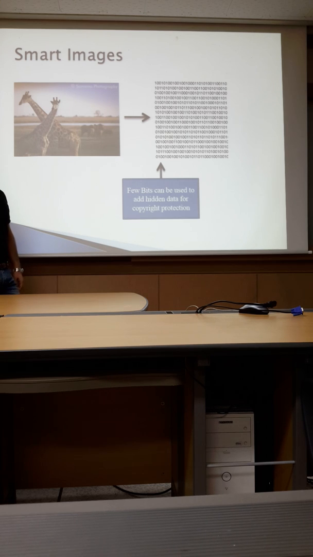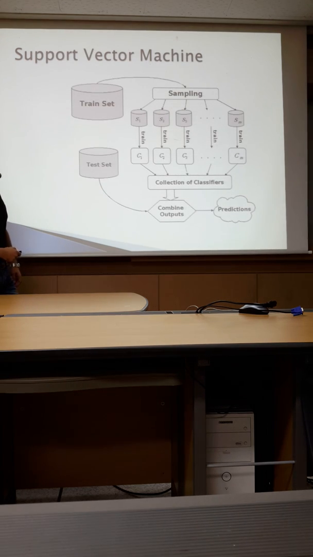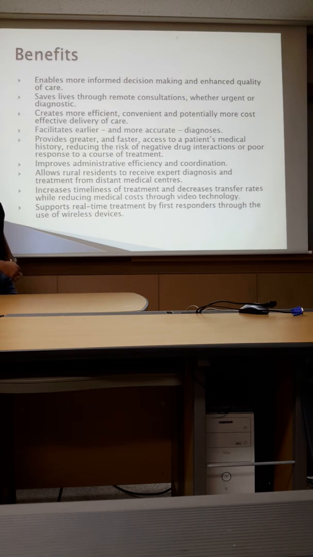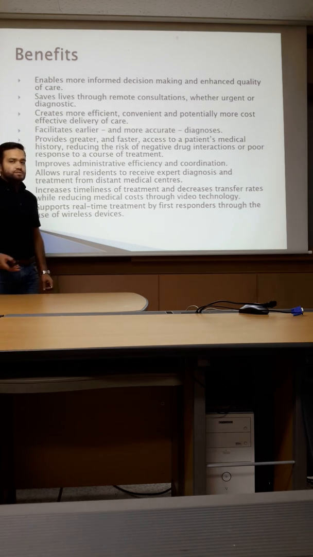So what we do is we use image steganography. This is the basic concept of image steganography, which I will explain in further slides. Support vector machine is used for classification and detection, and this is an example of support vector machine in healthcare systems. The benefits are that firstly it is great and fast.